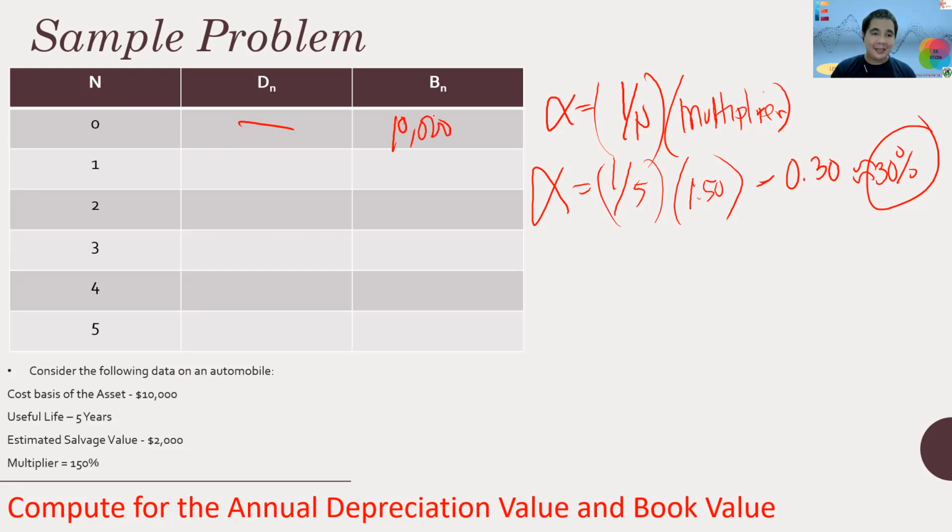Multiplying it by 30% as your alpha, your depreciation value D is equal to the book value multiplied by alpha. So 10,000 times 30%, meaning that in your first year, you have a 3,000 depreciation value. Okay. So 10,000 minus 3,000 is 7,000. So 7,000 times 0.3, your depreciation value on the second year is 2,100.